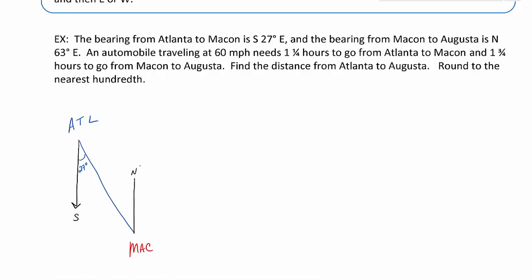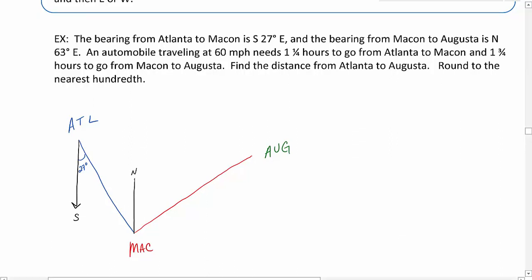So that east is going to be to the right. And that gets us to Augusta. We need to find the distance from Atlanta to Augusta.